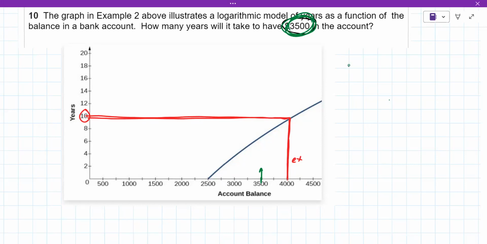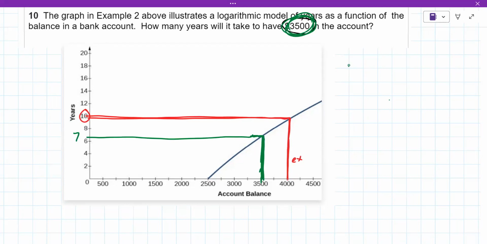If it's less than 10 years, well, again, you're just going up until you hit the curve. I'm trying not to do everything for you here. Then you go straight left. It would take approximately 7-ish years. Good. That's a reasonable answer. I was about to say 5, and I was like, wait, what am I looking at?